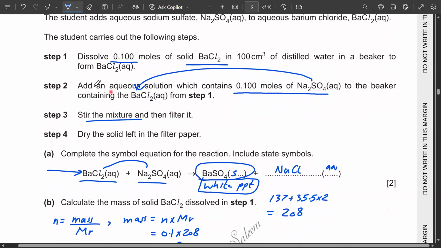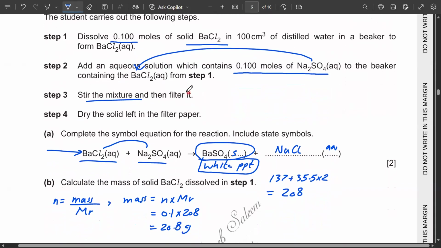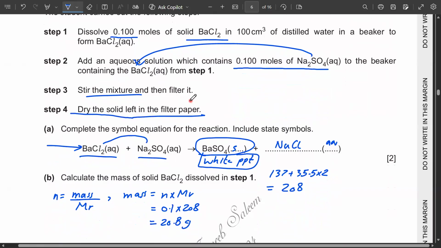The mixture was stirred. Barium chloride and sodium sulfate were stirred over here and then filtered. And after the filtration, it just said dry the solid left in the filter paper, where there is no kind of evaporation of the liquid present in the filtrate.